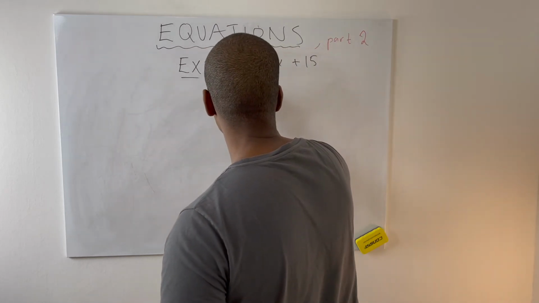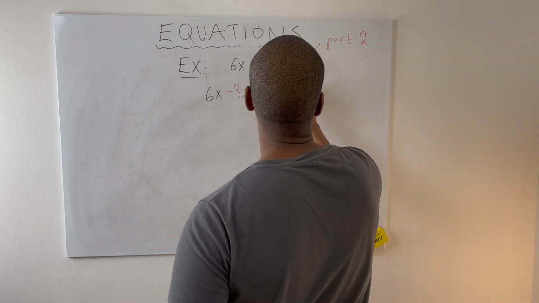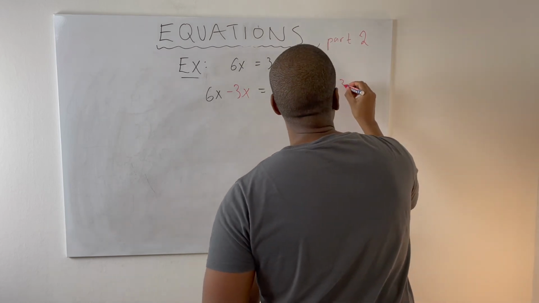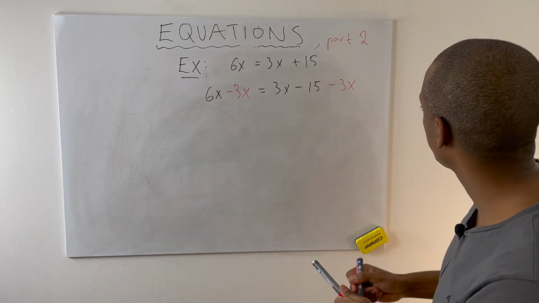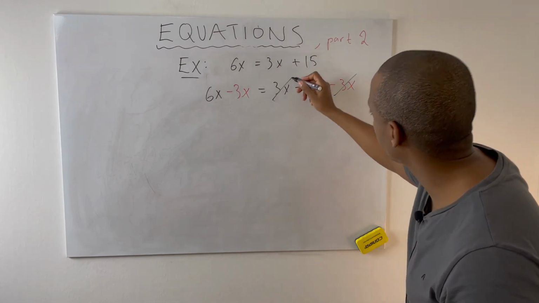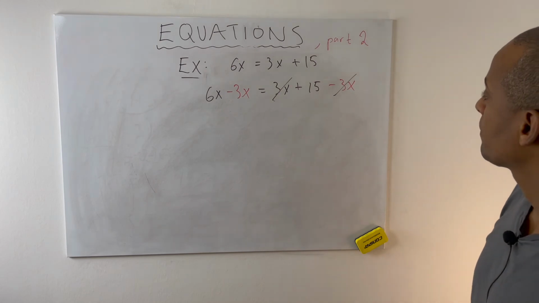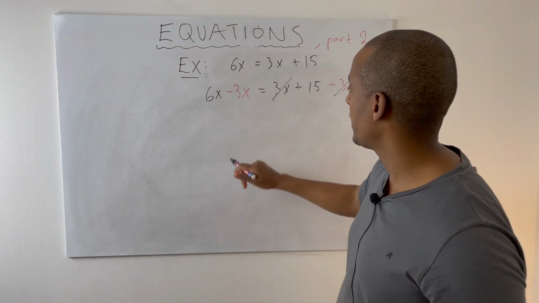We do minus 3x here. And then here we had 3x plus 15. And then we do minus 3x here. Now this 3x minus 3x, these two cancel each other out. Sorry, it should be a plus here. Okay? And then we have 6x minus 3x, right?